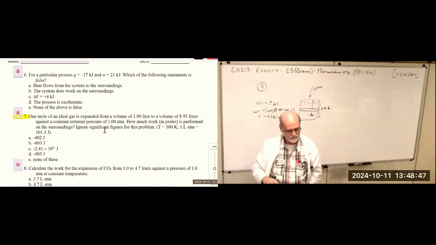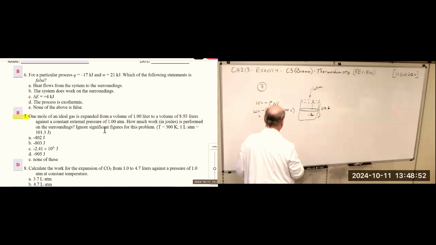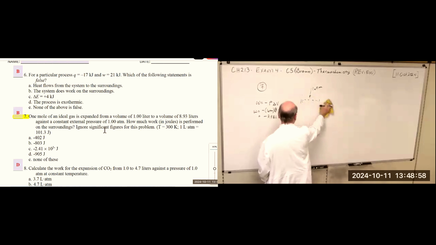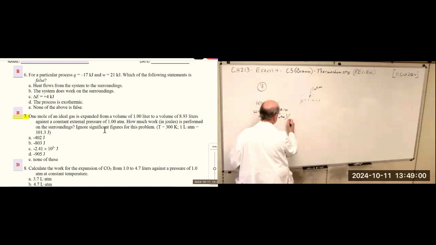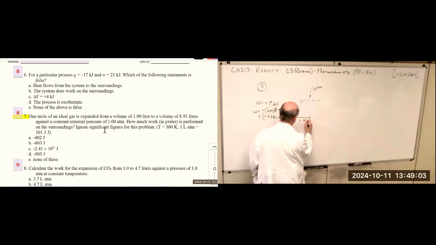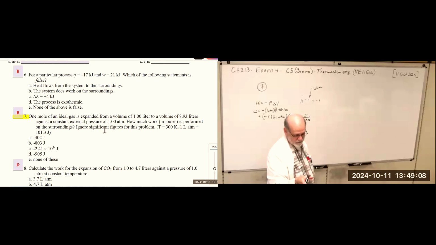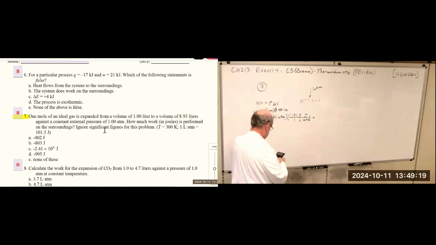But our answer is in joules. So we need a conversion, liter atmospheres to joules. Let me make some room here so I can do the conversion. All right, so we need, and it's in the problem, 1 atmosphere is 101.3 joules. (7.93) times 101.3.